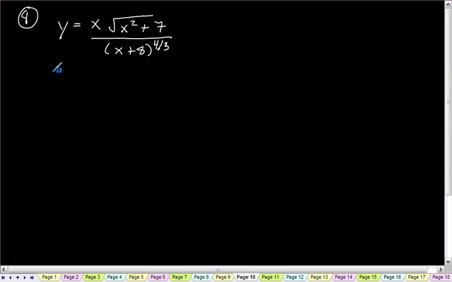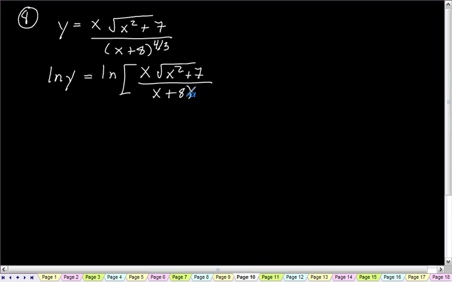Let's take the ln of both sides. ln of y is equal to ln of the square root of x squared plus 7 over x plus 8 to the 4/3.